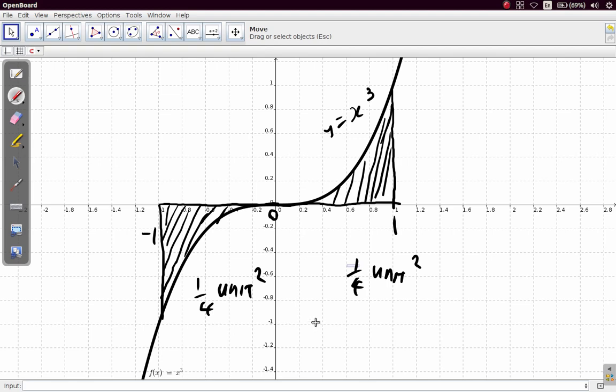When you add them, you get a quarter plus a quarter, which is a half. So the area, the shaded area, both of them combined, is a half square units.